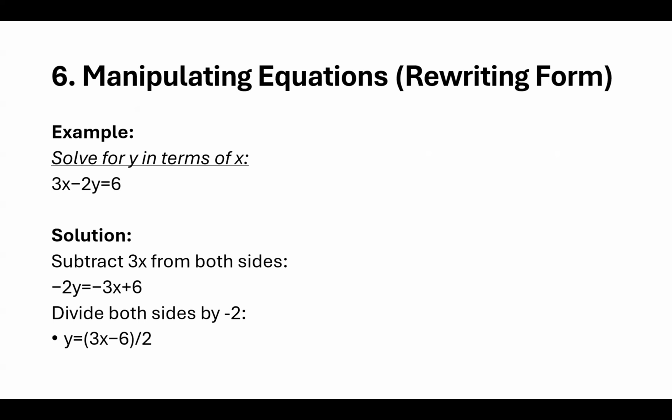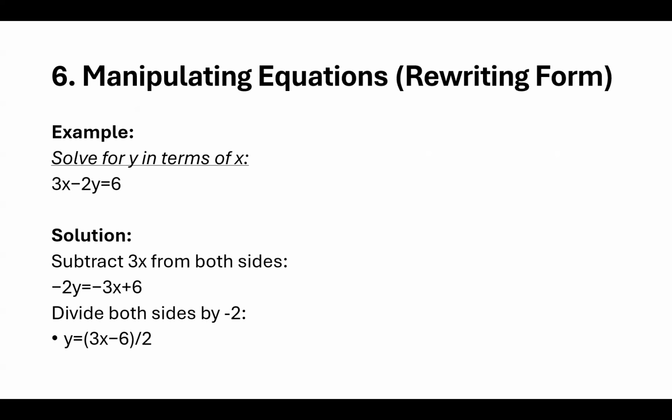The sixth skill is to manipulate equations. We need to rewrite the form of our equivalent expressions, right? When we are given an equation like 3 times x minus 2 times y equals 6, and we want to solve for y in terms of x. That is, we use terms of x to represent y, right? So we want to subtract or move the term 3 times x from both sides, right?